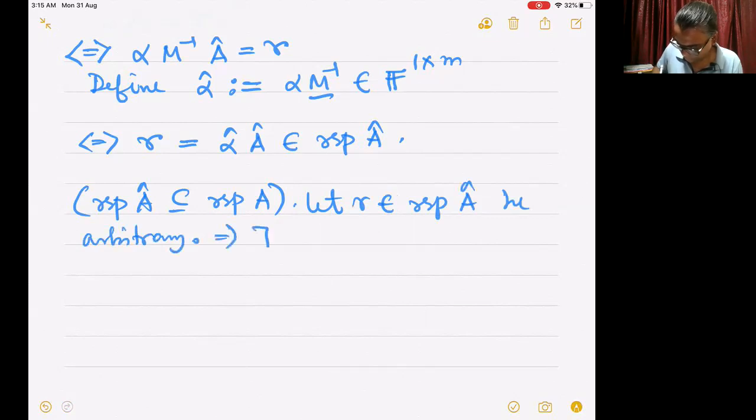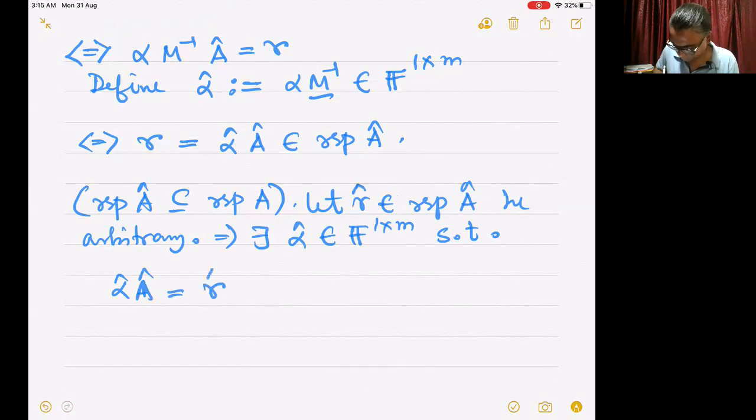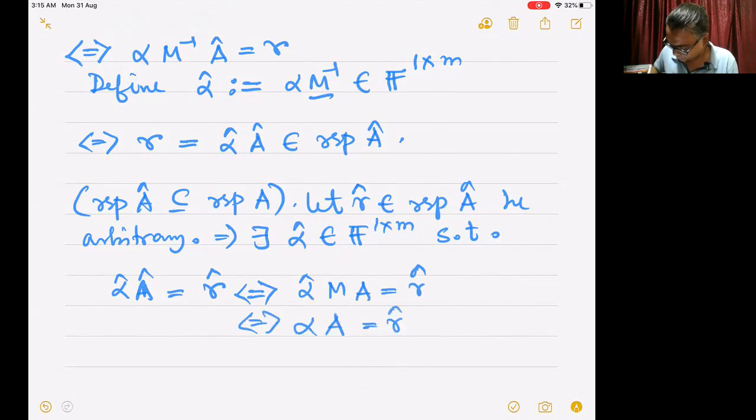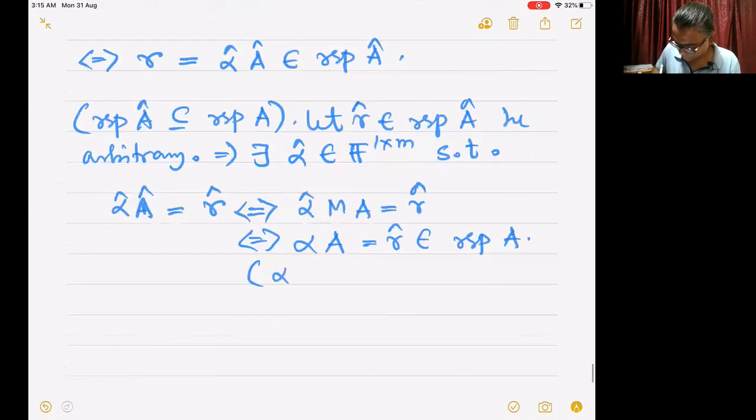This implies there exists alpha hat in F^(1 cross m) such that alpha hat A hat equals R hat. This is if and only if alpha hat M A is equal to R hat. This is if and only if alpha A is equal to R hat, which then obviously belongs to RSP of A, where alpha is defined as alpha hat times M. That's the end of the proof. So the two row spans are equal.